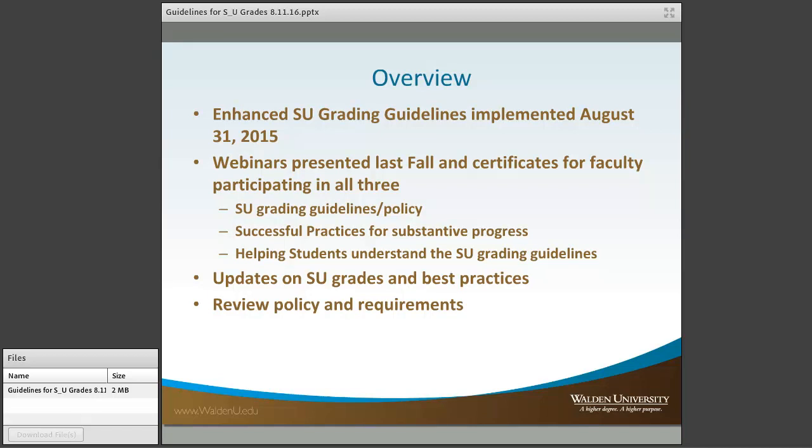So more to come on that. This is still an overview with some updates, but we will be reviewing the policy and the requirements and ways to best work within this policy.